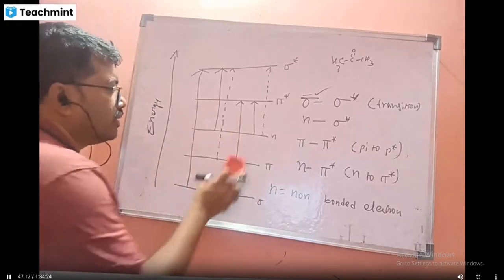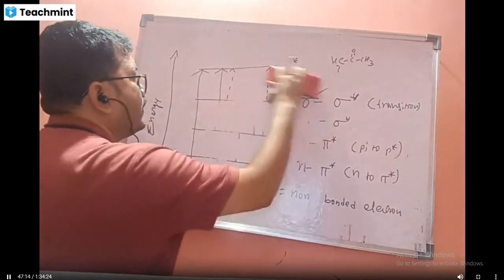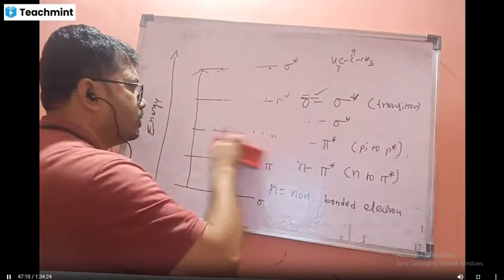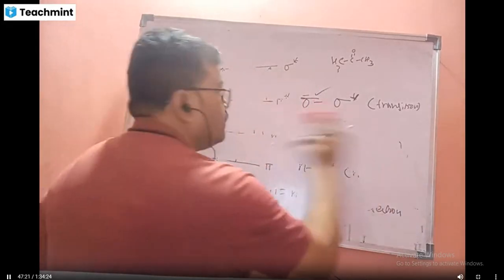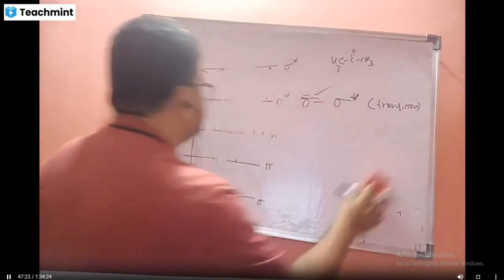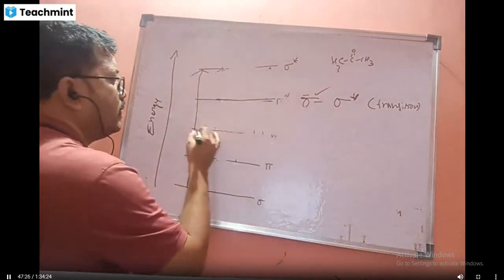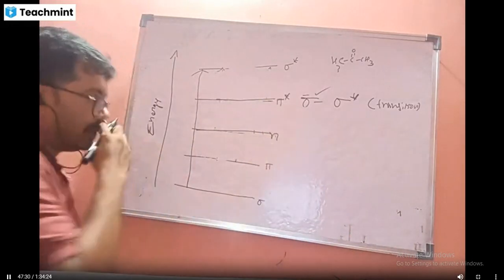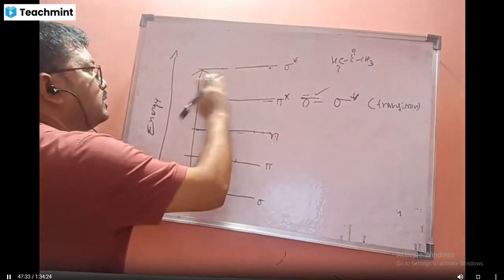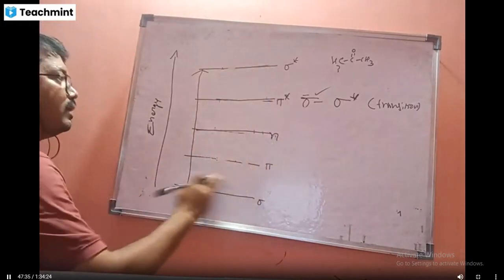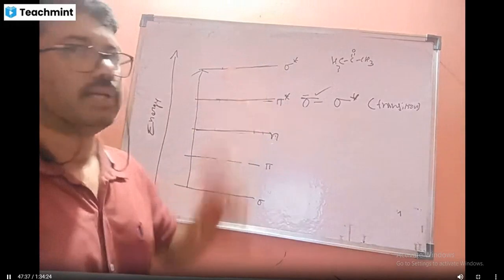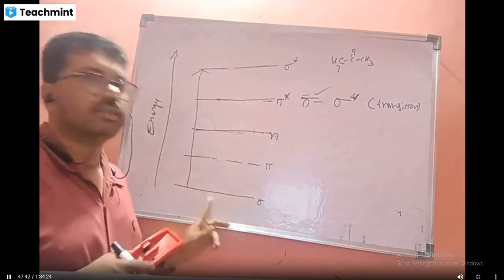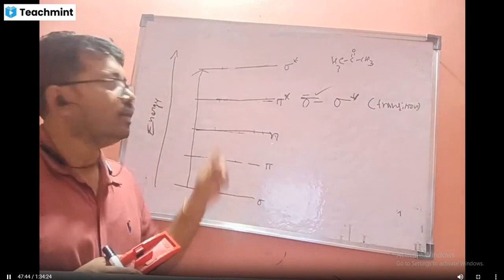Sigma to sigma star transition. This takes place when a sigma electron gets promoted to the antibonding orbital.